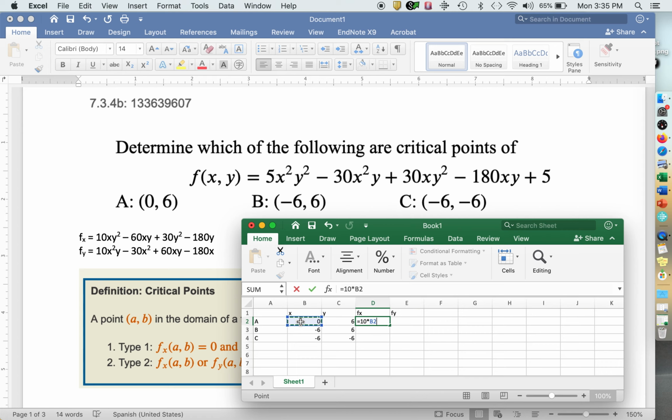That gives me the position B2 rather than just the number 0. Obviously, I know that's going to be 0, right? It's getting multiplied, but I think it's going to save us time ultimately to type in the formulas. Times, okay, then I click on the y, and let's square that, minus 60 times x times y plus 30 times y squared minus 180 times y.